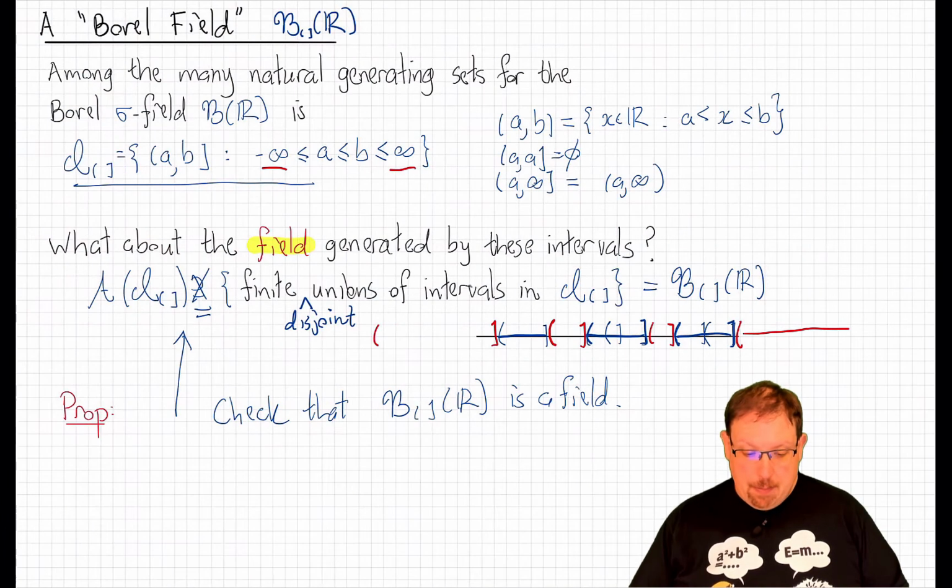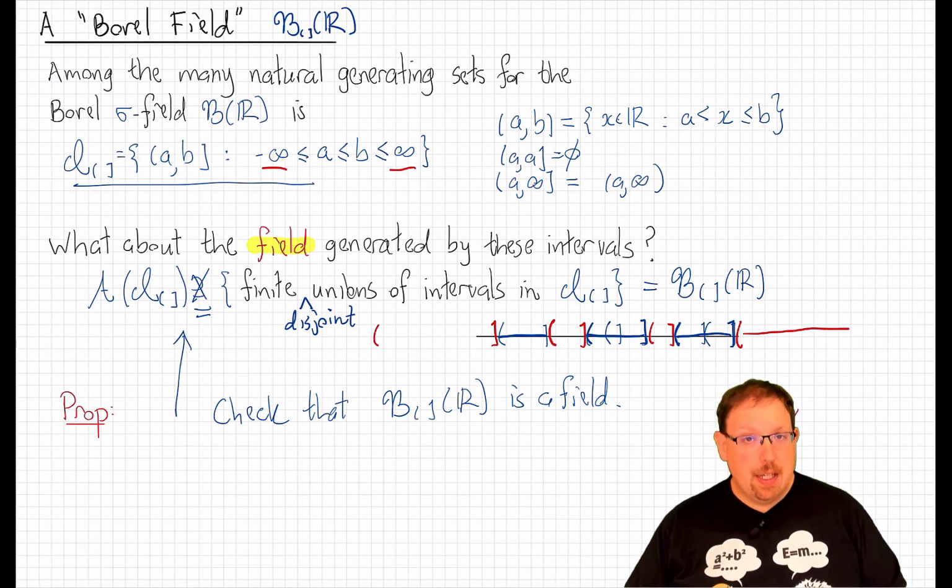The best example is the one we just studied, this quote-unquote Borel field, or rather, the set of intervals that generate it. This collection of intervals here is a semi-algebra. The complement of any half-open interval is not a single half-open interval, it's a disjoint union of two.